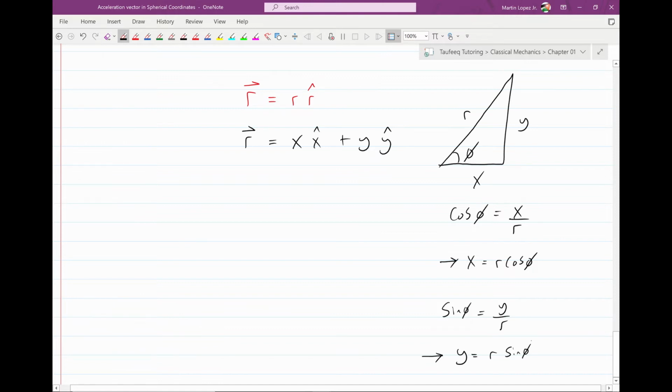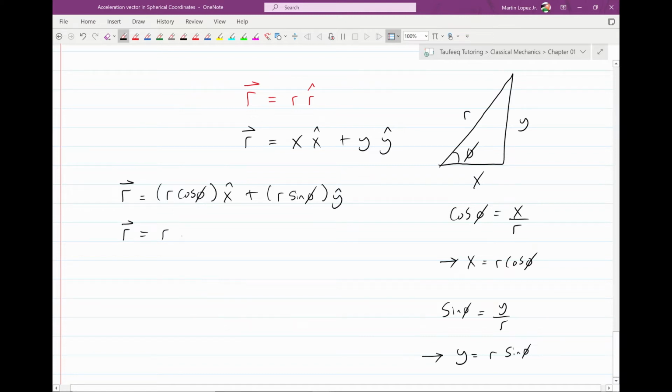Okay? Now we just need to plug those in. So we're going to have r is equal to r cosine phi x hat plus r sine phi y hat.